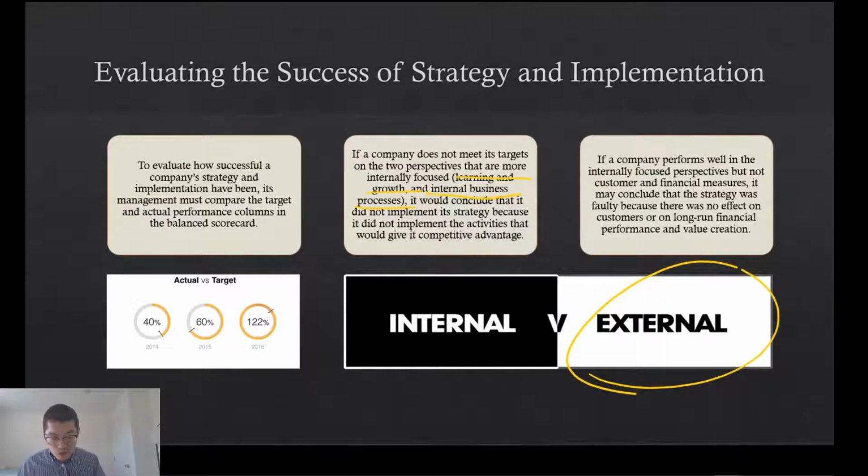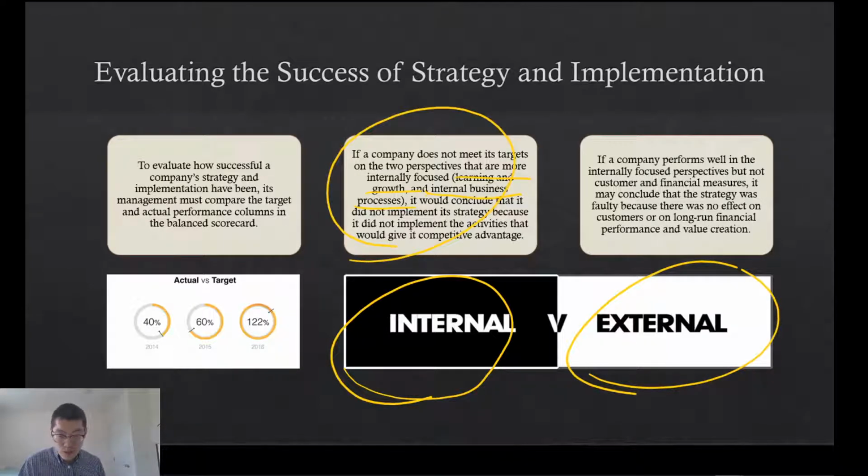If we're not able to achieve these goals, that means nobody inside your organization is really taking your balanced scorecard seriously. That makes sense? Nobody cares about that, and nobody is actually using it. That is why these two things don't have anything changed.